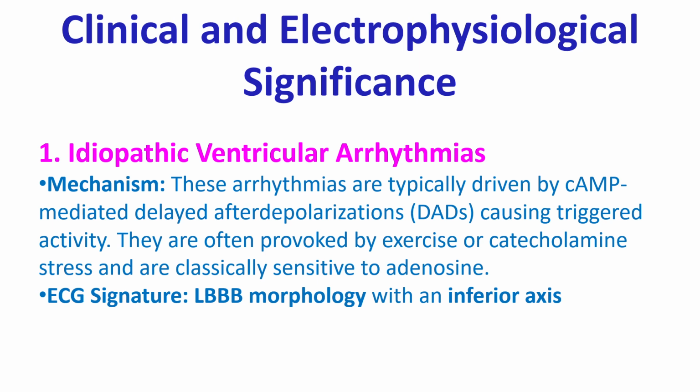They are often provoked by exercise or catecholamine stress and are classically sensitive to adenosine. Because the impulse originates superiorly, anteriorly, and from the right ventricle, an RVOT-VT produces a characteristic left bundle branch block morphology with an inferior axis, that is, tall positive R waves in leads 2, 3 and aVF.